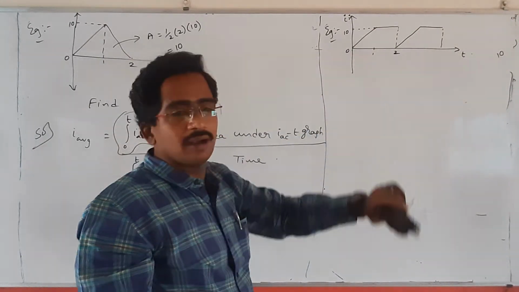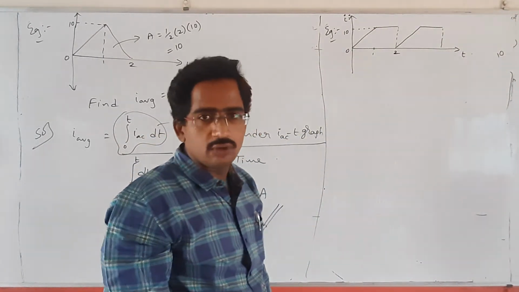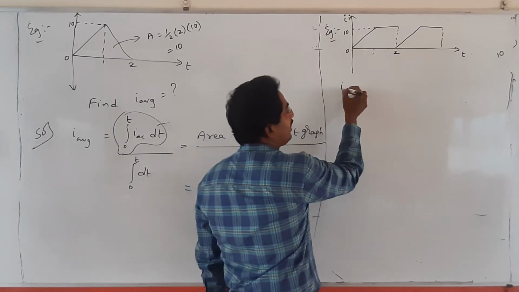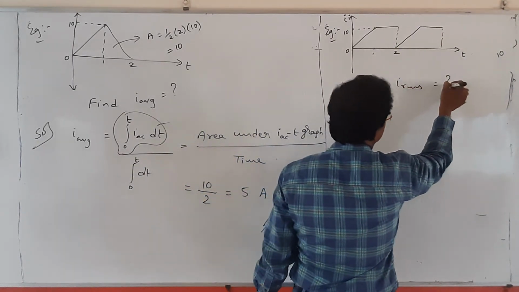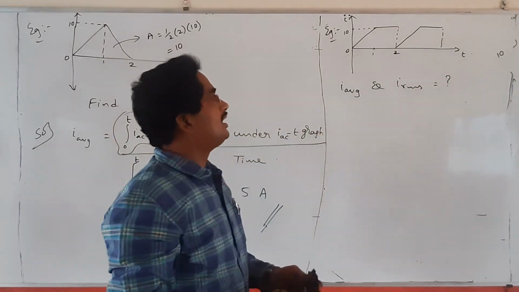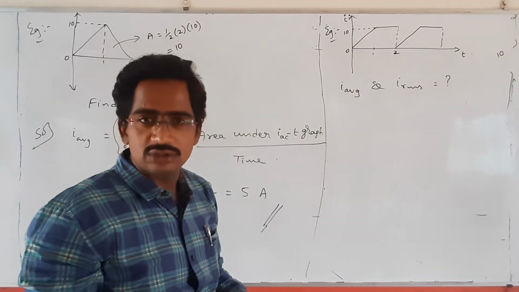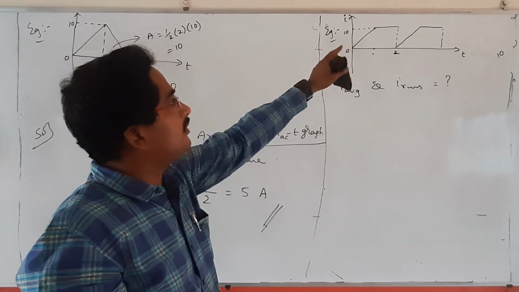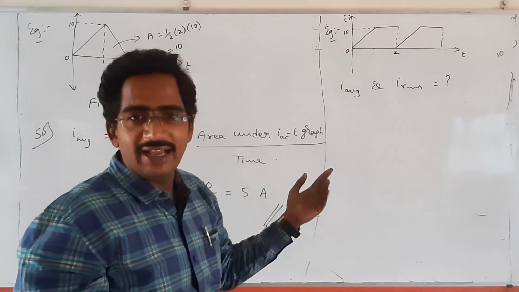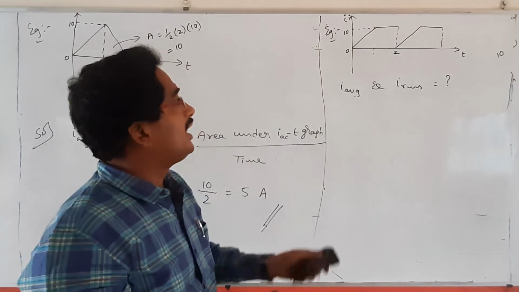That is the current graph I am giving you. For that, I need to find I average and I RMS. Both are questions here. How to get I average? Simple. That is the area under the curve. If you find that, you can get I average. But how to get I RMS?